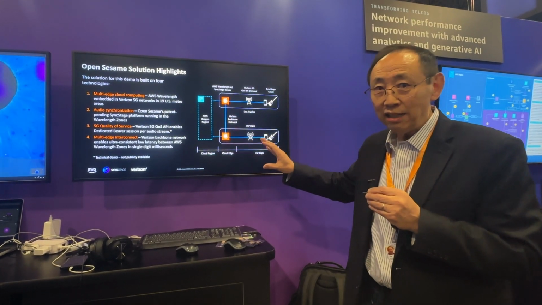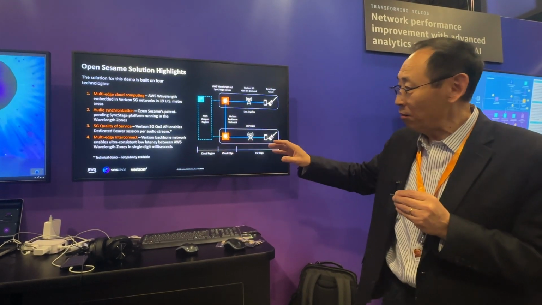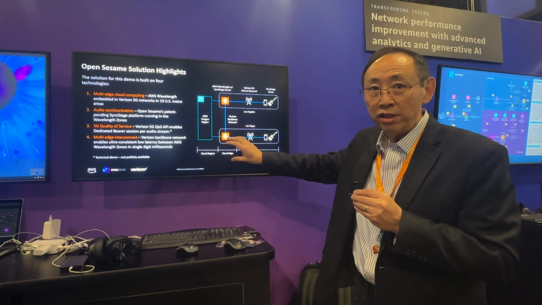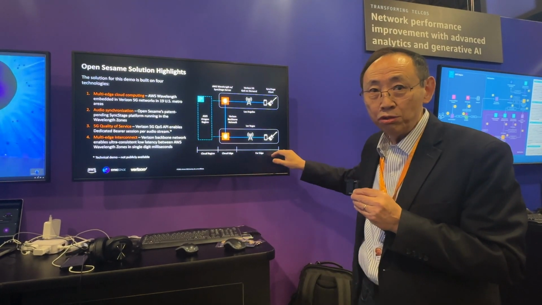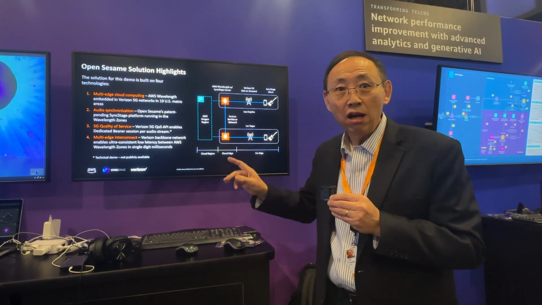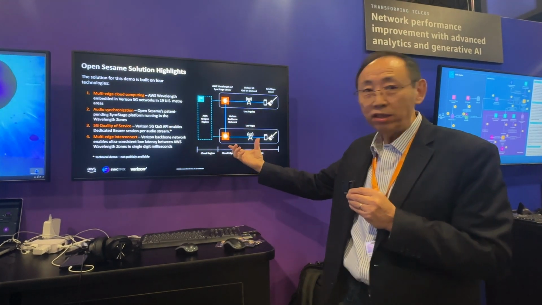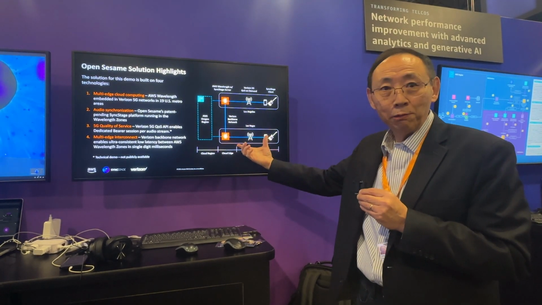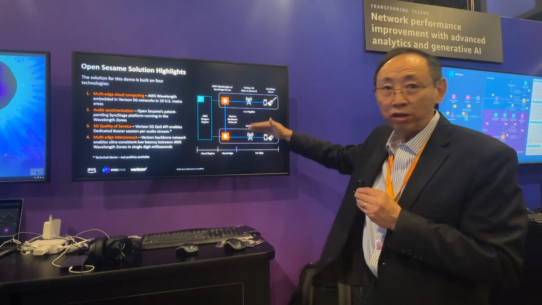And the other technology is the SyncStage software deployed in the Wavelength Zone in two locations, which synchronizes the audio traffic. The third technology is the Verizon QoS API, where we apply the quality of service at the RAN access network segment in each of the locations.